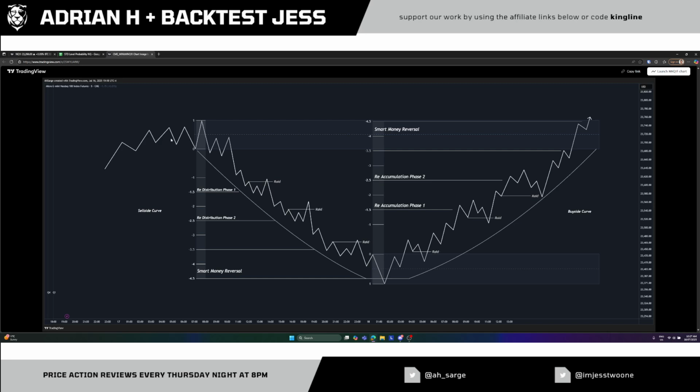So that 0.5 level of all of them is likely to be hit, even the 4.5. That's why you have that room from 4 to 4.5, so that SMR can form there.